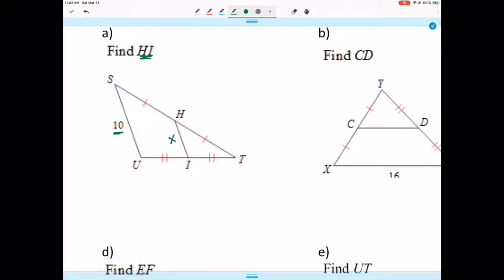The way we can solve this is, since they give us these two sides, this is basically a midpoint, and these are congruent. So for our triangle, what's the relationship between this side of this triangle versus this side?